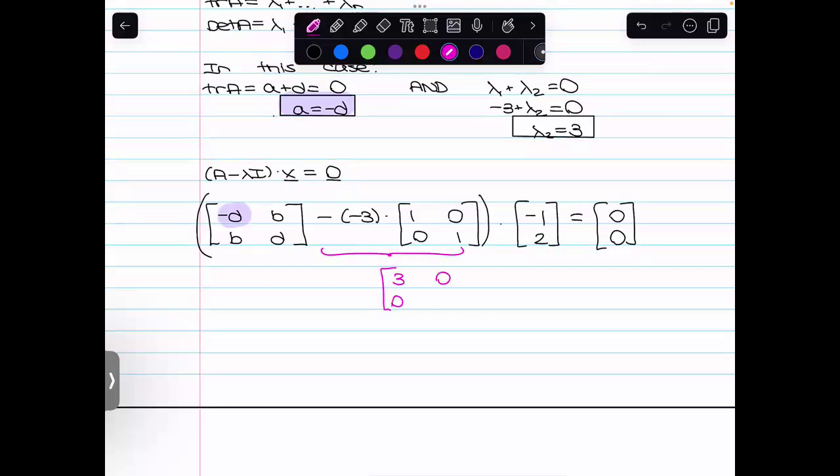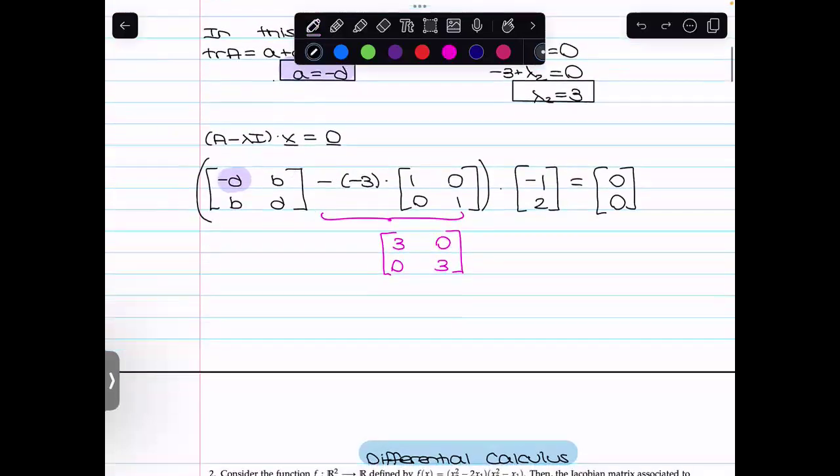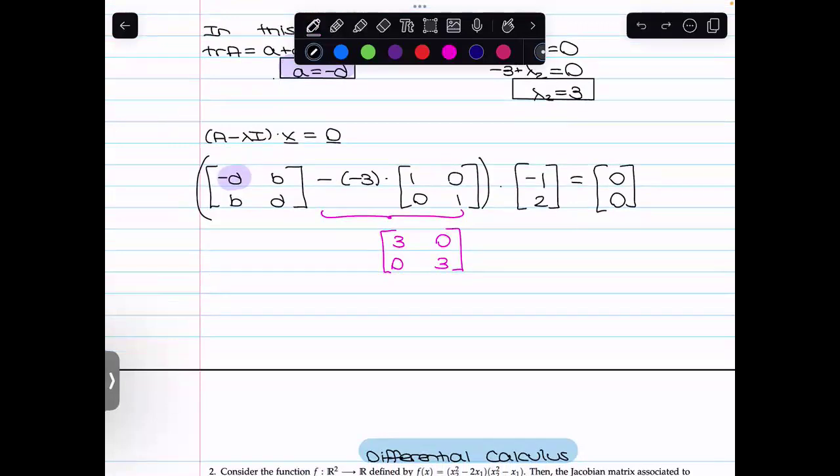So when you simplify, this becomes [-d + 3, b; b, d + 3]. And then this times (-1, 2) is equal to (0, 0).